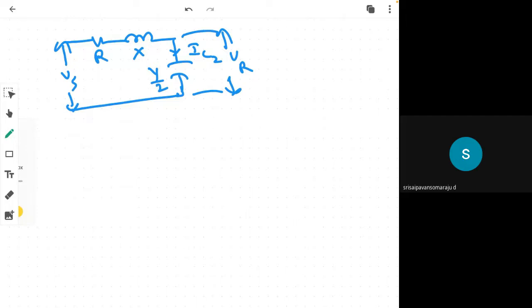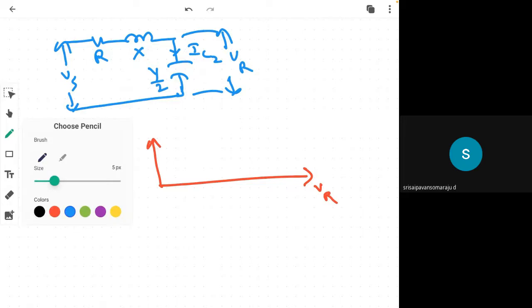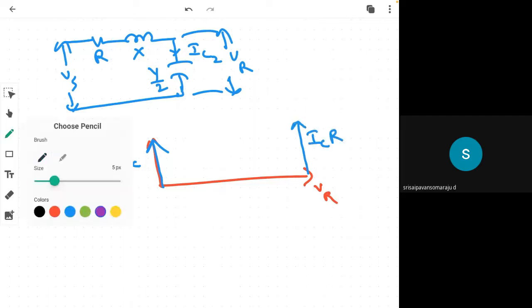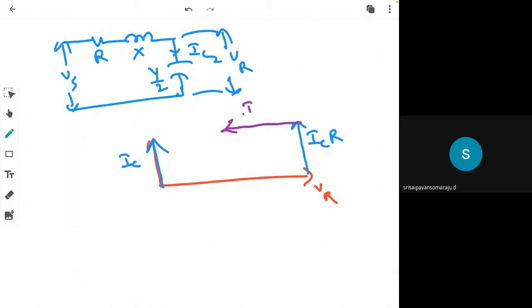Now let us take VR as reference. The current IC is flowing through the resistance. Therefore, IC into R is the resistance drop, and IC into X is the reactance drop.